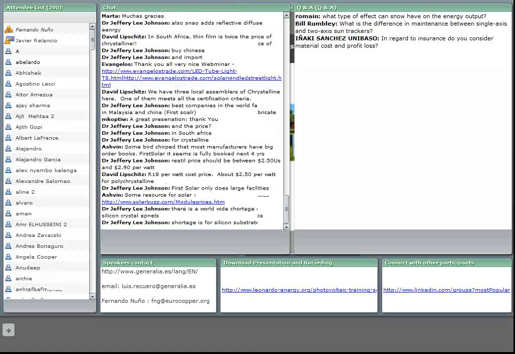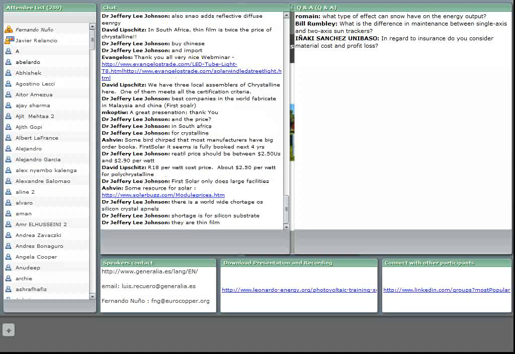But by the time I have selected a new interesting question, because maybe it hasn't been clear in my exposition, which is in regard to insurance: do you consider material cost and profit loss? I think that this person is referring to whether the insurance includes the losing of production when an incident happens or not.